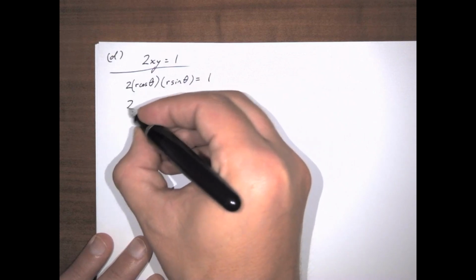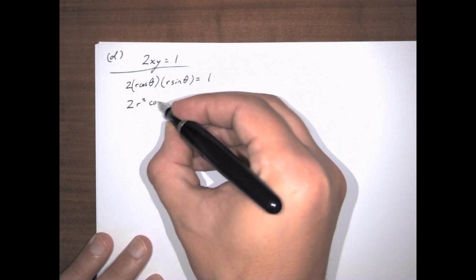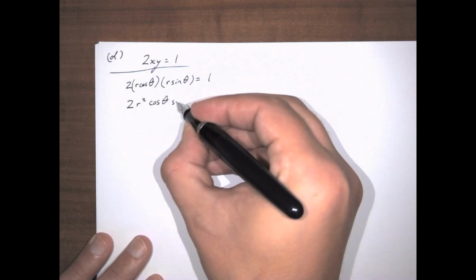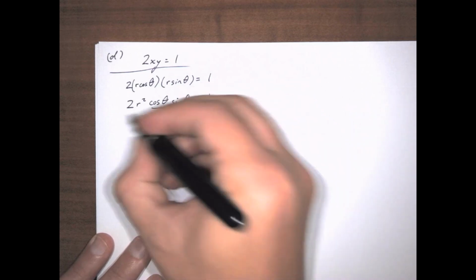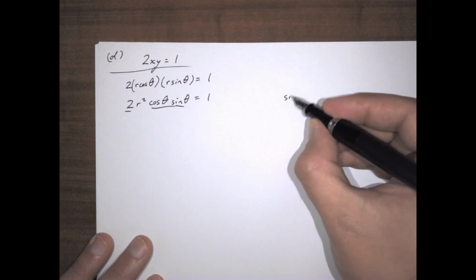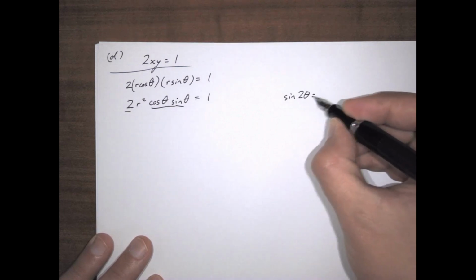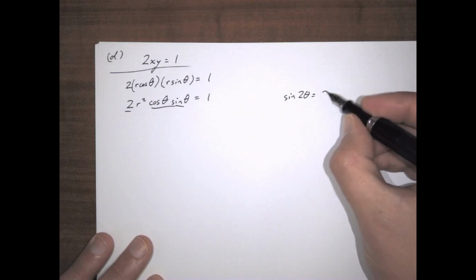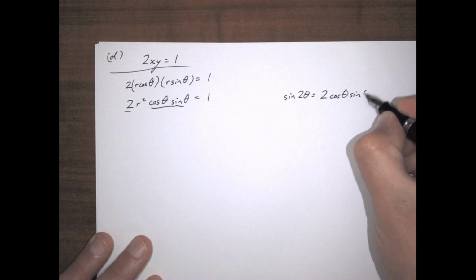So it's two copies of r, so it's going to be r squared cosine theta sine theta equals 1. But this is, as previously mentioned, the double angle identity. Sine 2 theta is equal to 2 cosine theta sine theta, or sine theta cosine theta, however you want to write it.